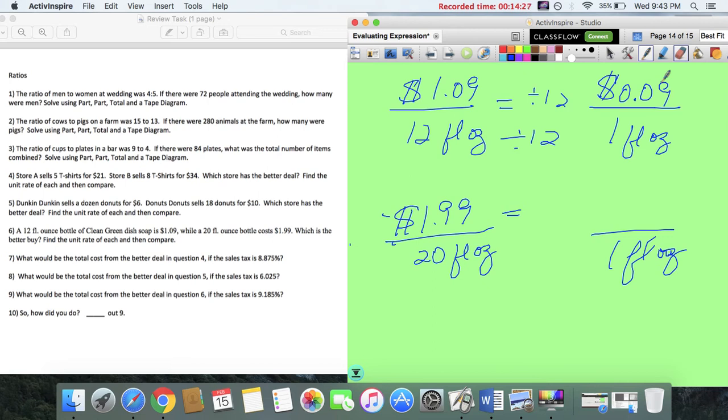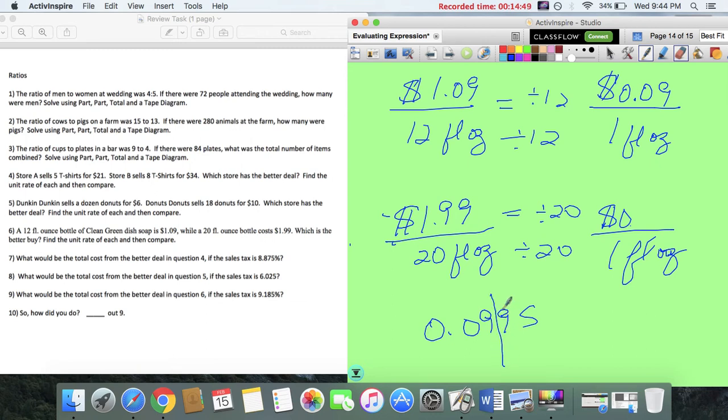At the bottom, we're going to divide this by 20. That gives us 1 fluid ounce, and divide the top by 20. Whenever you do the bottom, you do the top. 199 divided by 20 gets you, so this one you need to round. The calculator says 0.0995. Remember, money goes up to here.